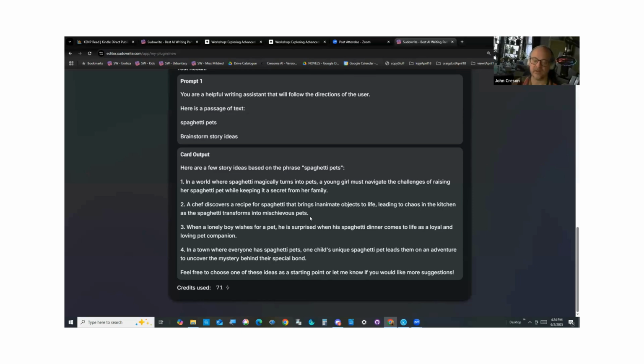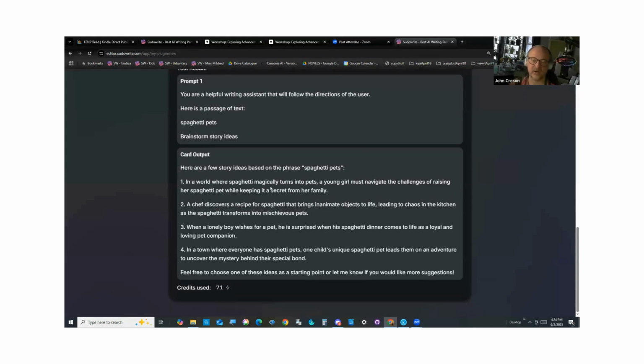A chef discovers a recipe for spaghetti that brings inanimate objects to life. Chaos ensues. A boy wishes for a pet and is surprised when his spaghetti dinner comes to life as a loyal and loving companion. Everyone has spaghetti pets. One child's unique spaghetti pet leads them on an adventure to uncover the mystery behind the special bond. So that's kind of fun.